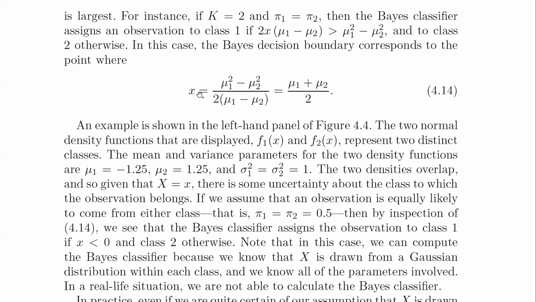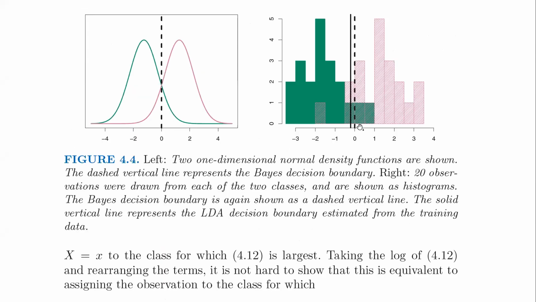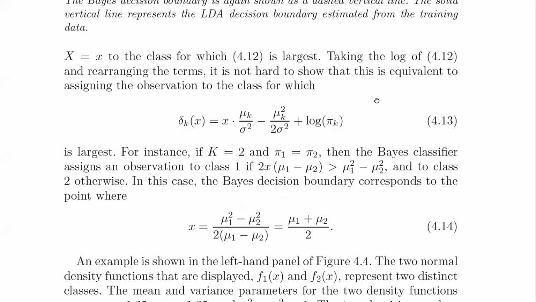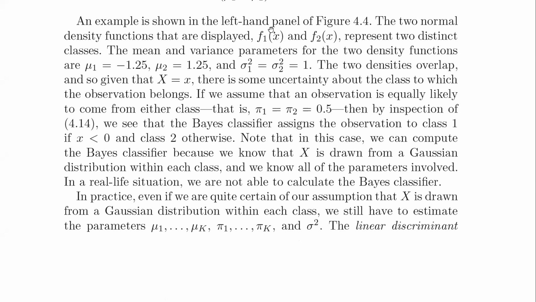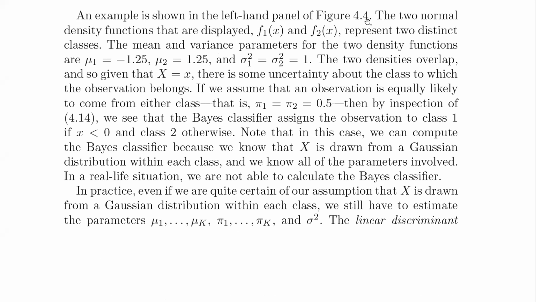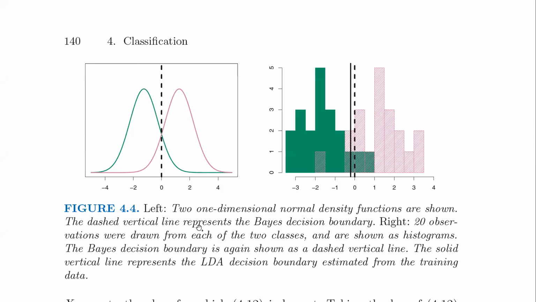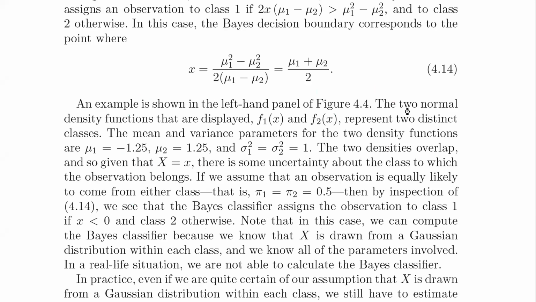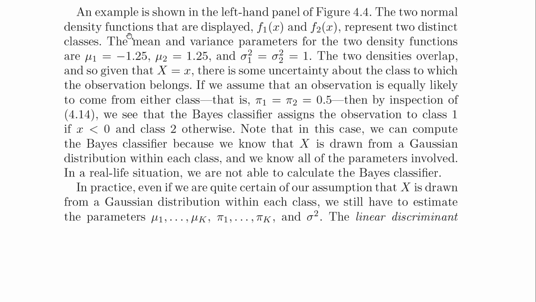The text is using equality because it sort of switched gears from speaking of classifying into class 1. It's now discussing the decision boundary. And let's see. An example is shown in the left-hand panel of 4.4. This is what we used for most of yesterday's meeting. The two normal density functions that are displayed represent two distinct classes.